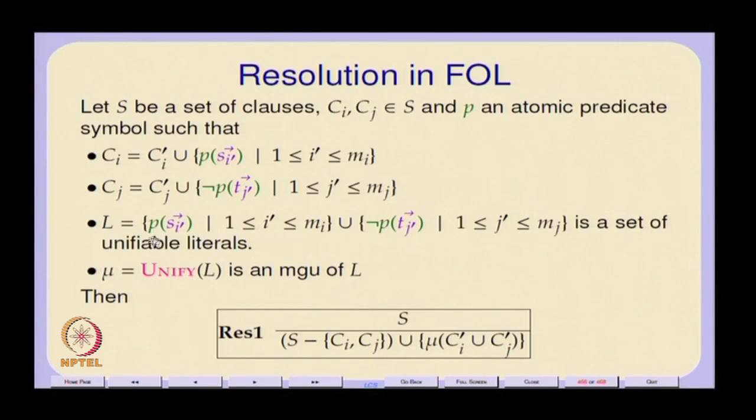And the result of this application is essentially that the universal closure of mu Ci prime union Cj prime is a logical consequence of Ci and Cj.